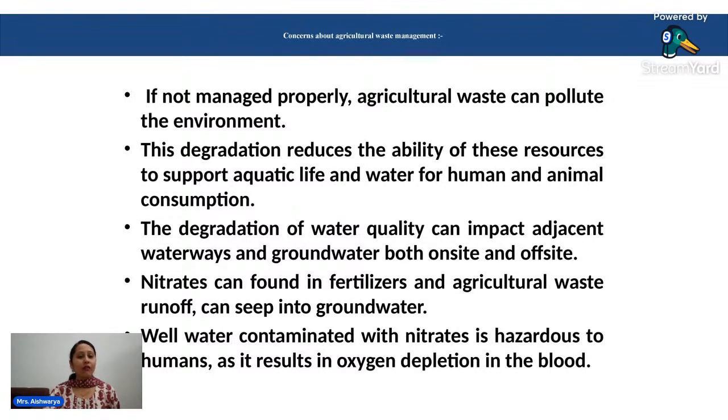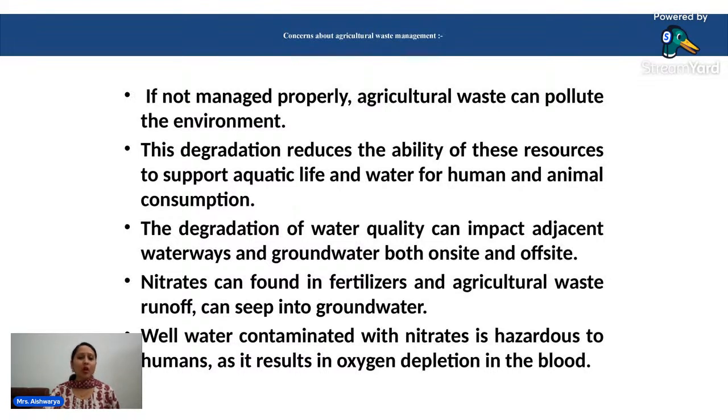The degradation of water quality can impact adjacent waterways and groundwater, both onsite and offsite. The nitrates found in fertilizers and agricultural waste runoff can seep into groundwater directly. Well water contaminated with nitrates is hazardous. It results in oxygen depletion in the blood.